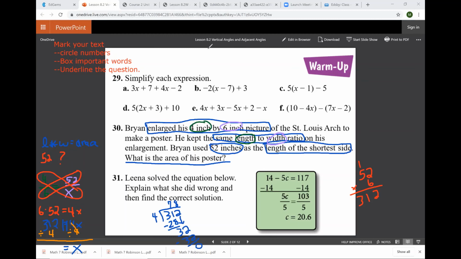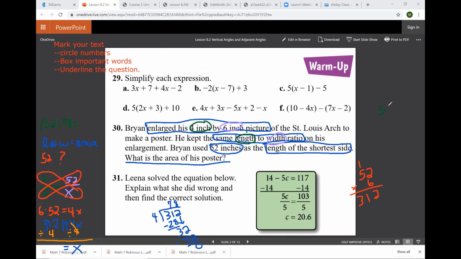So I'm going to do 52 times 78, and I will have the area of his poster. Okay, so what is 52 times 78?